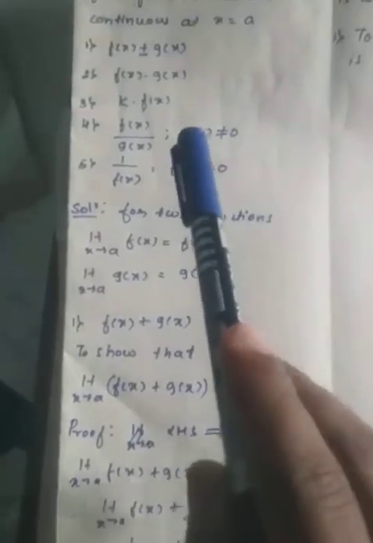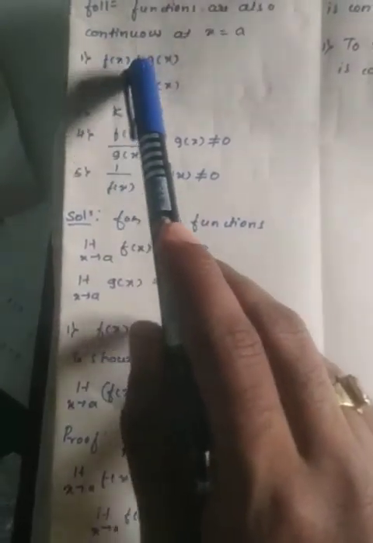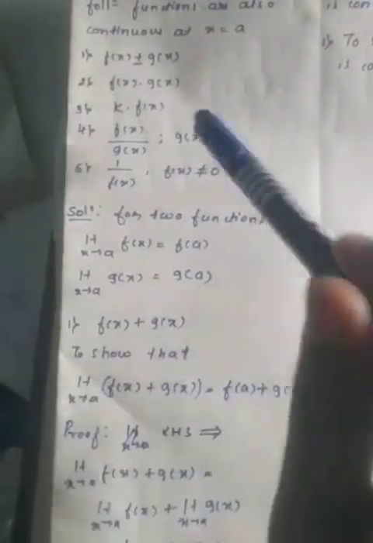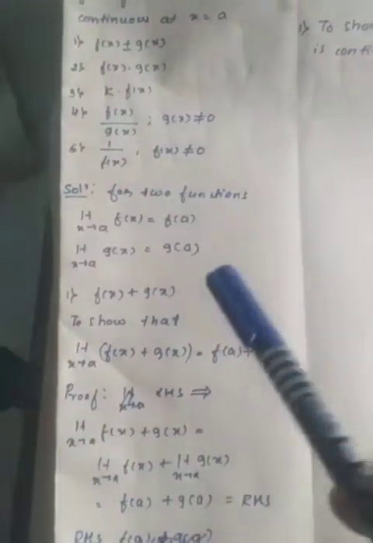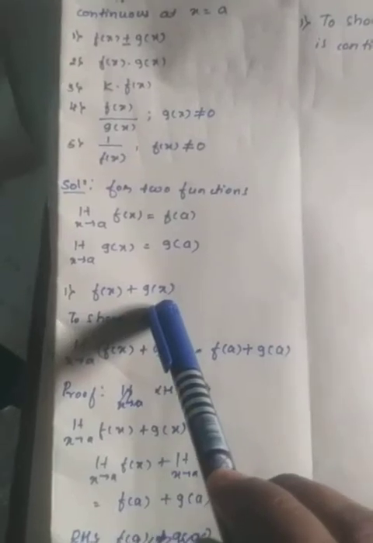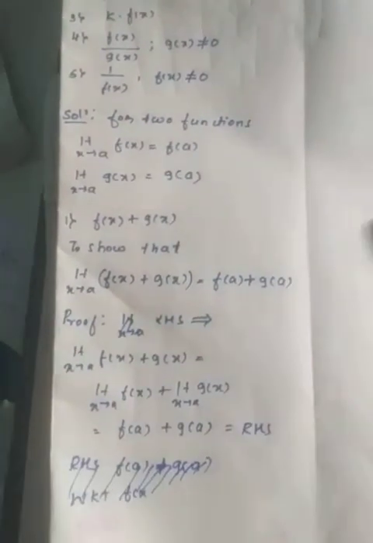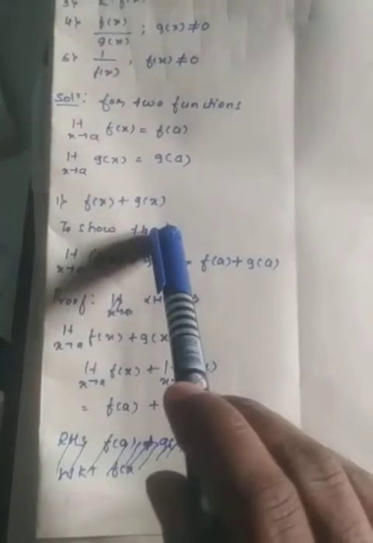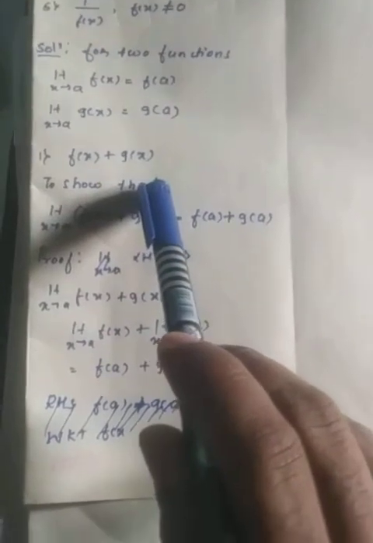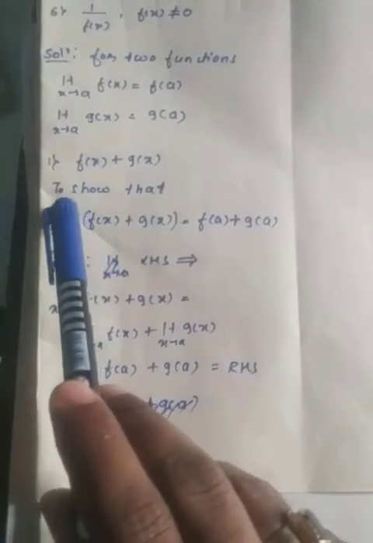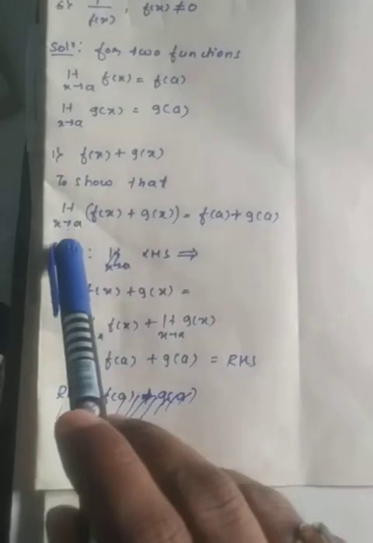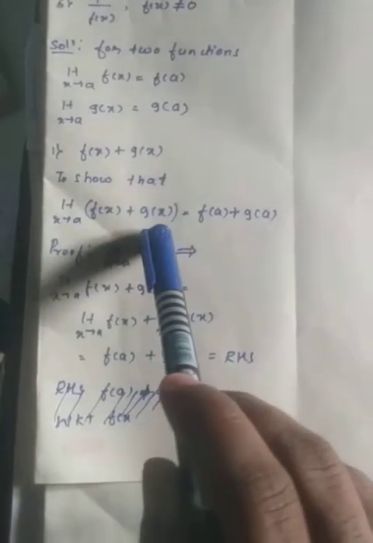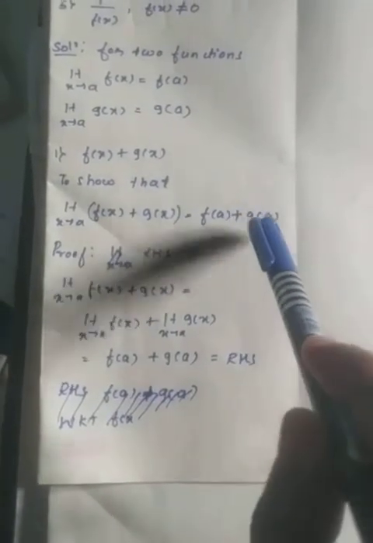So now I have taken the first example, f of x plus g of x. The same property we have to apply for the rest of the examples. First I have taken f of x plus g of x. We have to show that limit x tends to a of f of x plus g of x is equal to f of a plus g of a.